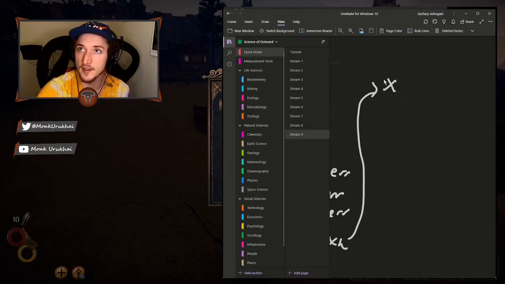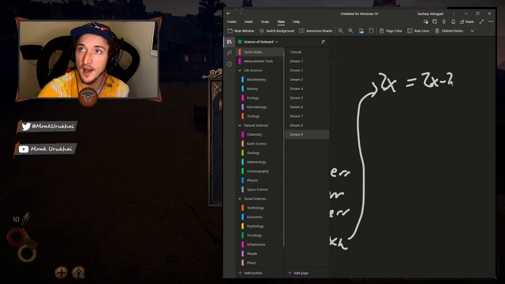Because this will translate to 2 times x low, where x low is x minus the error.